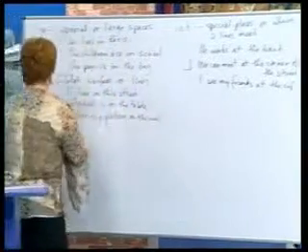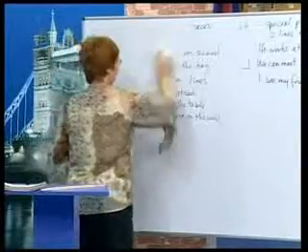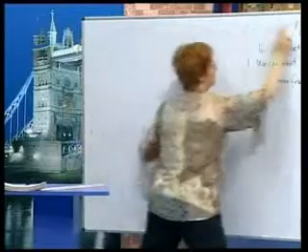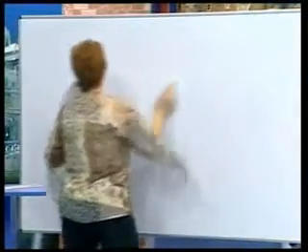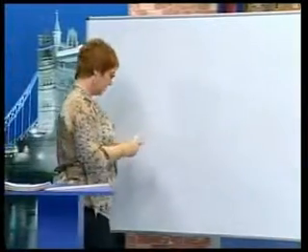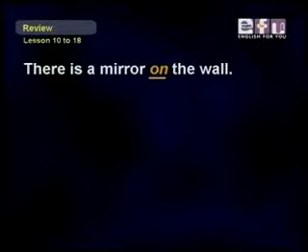So let me make some room here, and we'll do a little bit more with prepositions. Now, remember that the preposition comes before the place. So here's some sentences. There is a mirror on the wall.